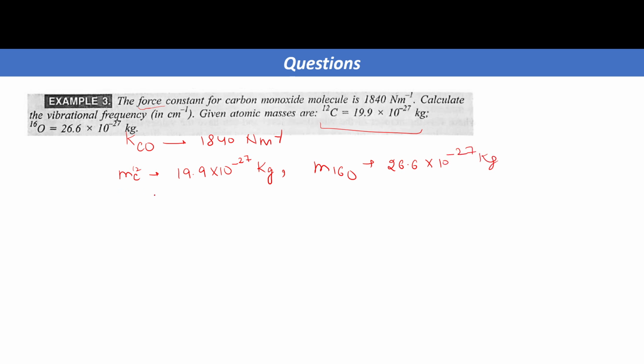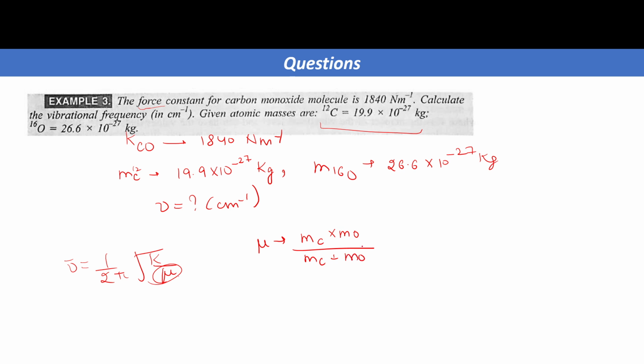Now we have to calculate the vibration frequency in centimeter inverse. We know the formula. Here we first have to calculate the value of the reduced mass. It will be the mass of carbon multiplied by the mass of oxygen divided by the mass of carbon plus the mass of oxygen.